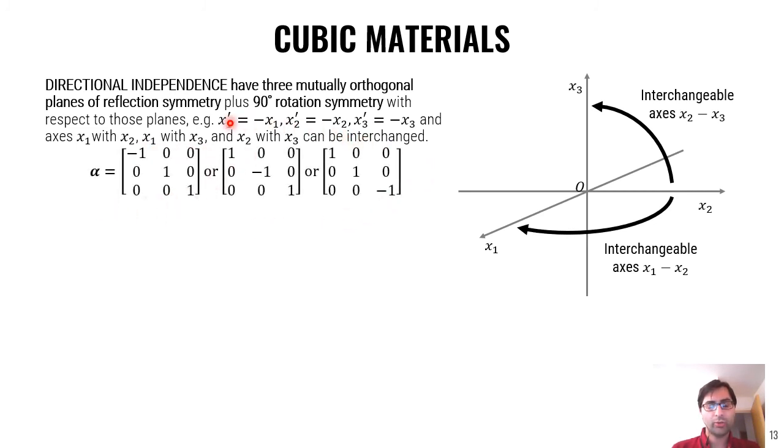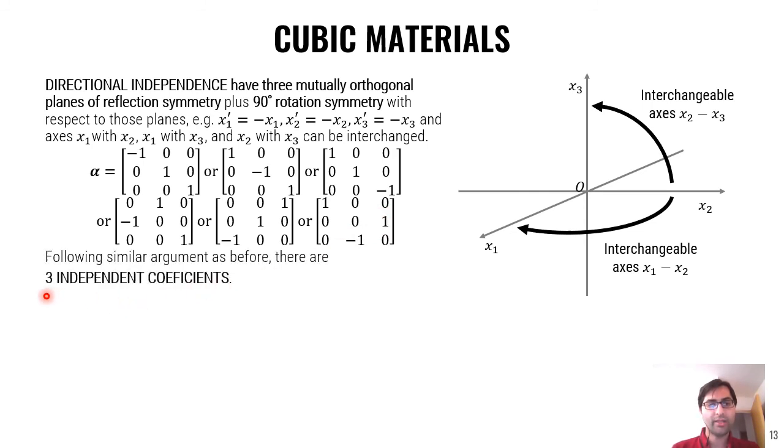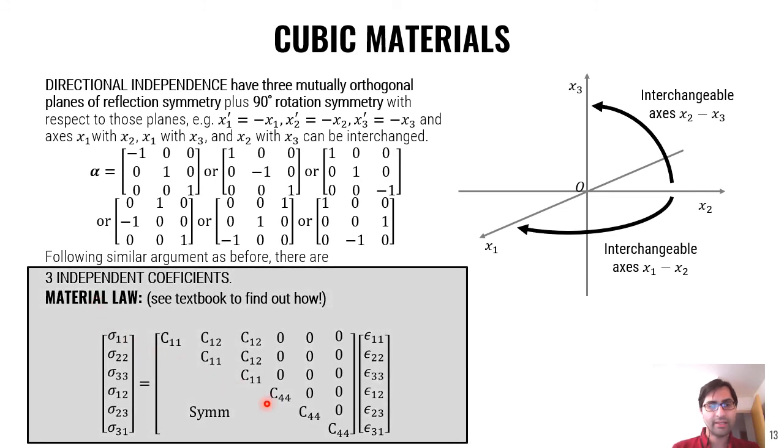So the orthotropic transformation laws and the axis interchange transformation law. Here x1 and x2 are interchanged, here x3 and x1 are interchanged, and here x2 and x3 are interchanged. Following a similar argument, we end up with only 3 independent coefficients, and the material law is as you see here.